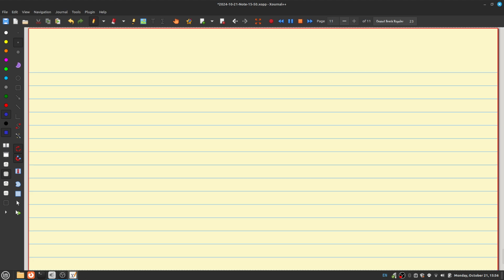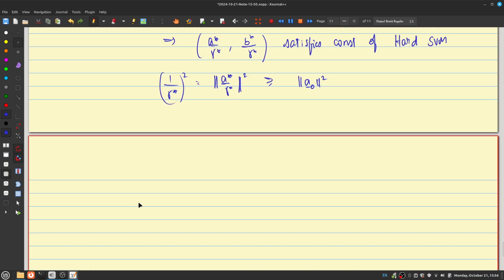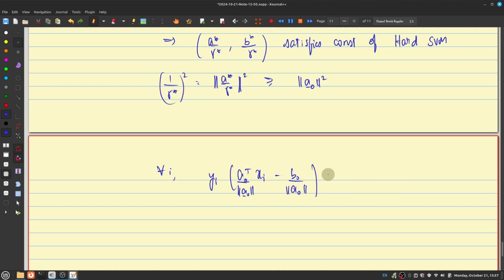Now, similarly, if I look at yi times A0 transpose xi minus b0, and I look at the normalized vectors, we know that this numerator part is greater than or equal to 1 because A0 satisfies the constraint.